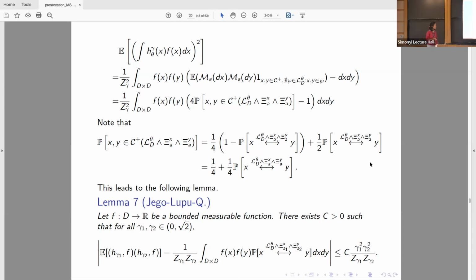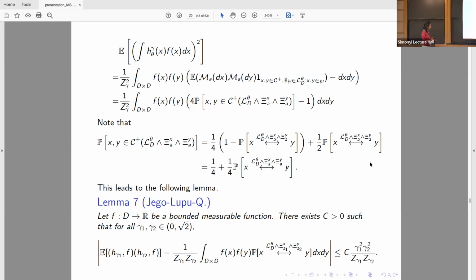You should think of these psi x and psi y, these sets of loops rooted at x and y, as small disks centered at x and y, because typically they will have some small radius around x and y. And then this probability that we have here is in fact the probability that there is a cluster in the loop soup that gets very close to x and y at the same time.